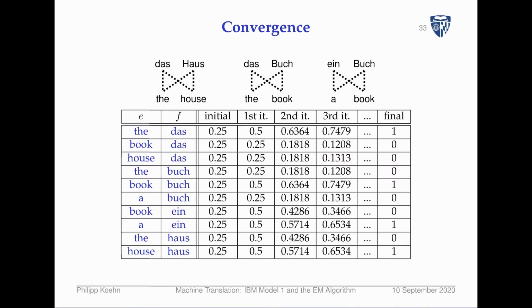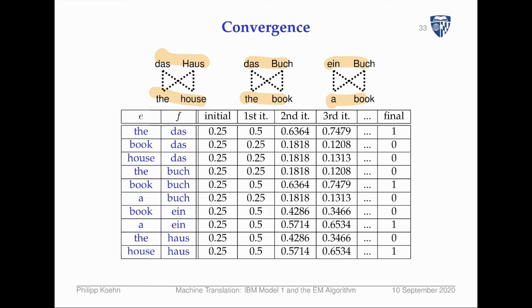Okay, I do give you a little toy corpus of just two-word phrases. So das Haus being translated as the house, das Buch being translated as the book, and ein Buch translated as a book, and what happens there.